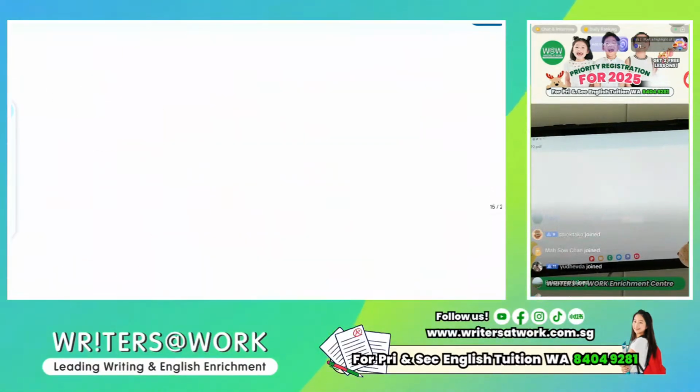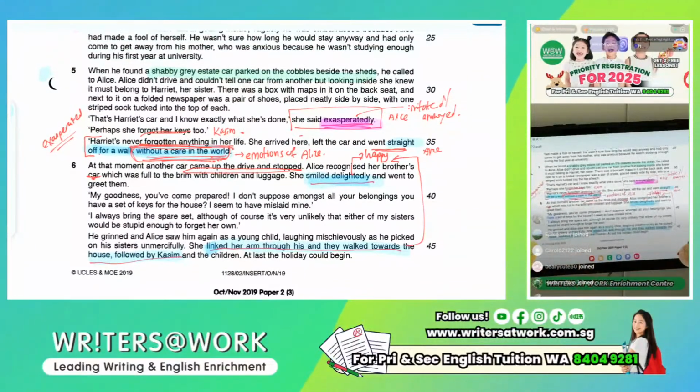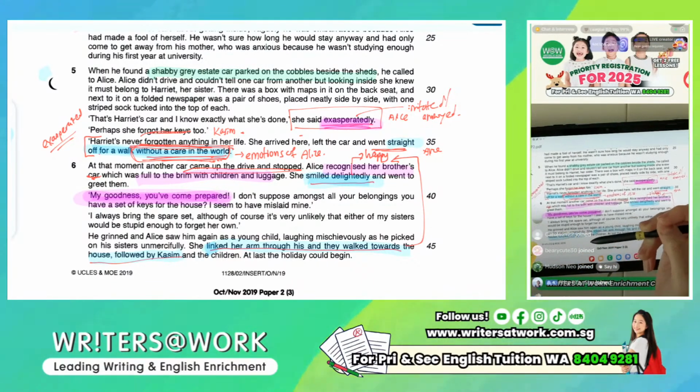Now, the next one is paragraph 6. Paragraph 6 talks about how she was able to see her brother, and you could see that she recognized her brother's car and it was filled to the brim. And she said, "Oh, wow, you are prepared for the family gathering."